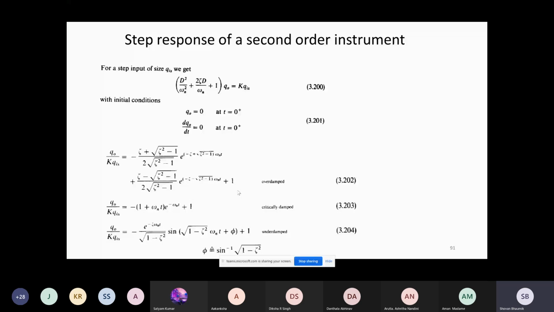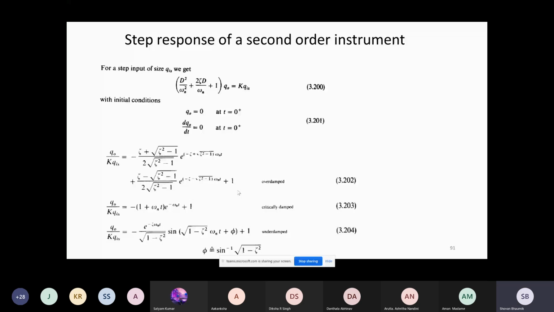For the critically damped system also it will go to K multiplied by input, and the underdamped system will oscillate, and gradually the oscillation will die down because the amplitude is going to die down, and it will settle to the value 1 or KQIS.